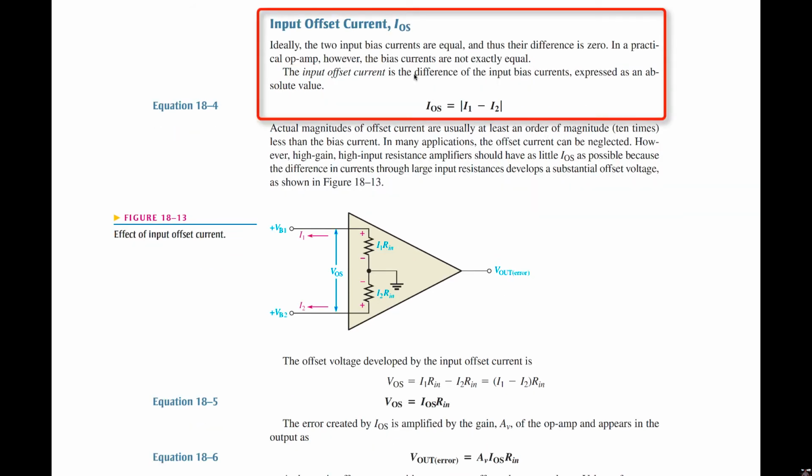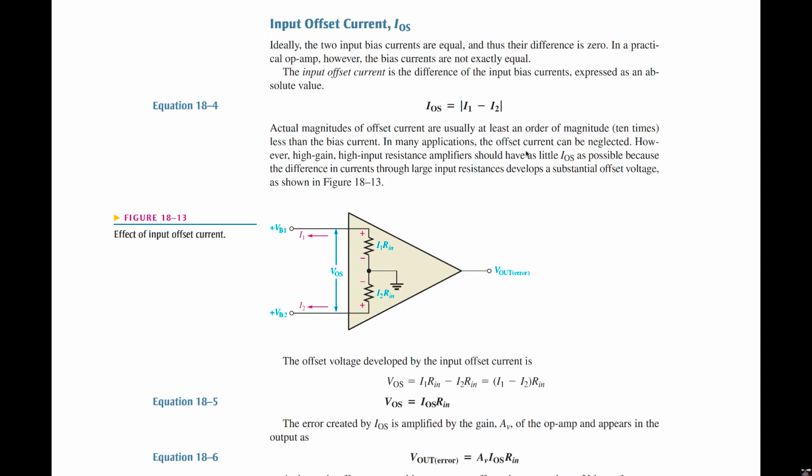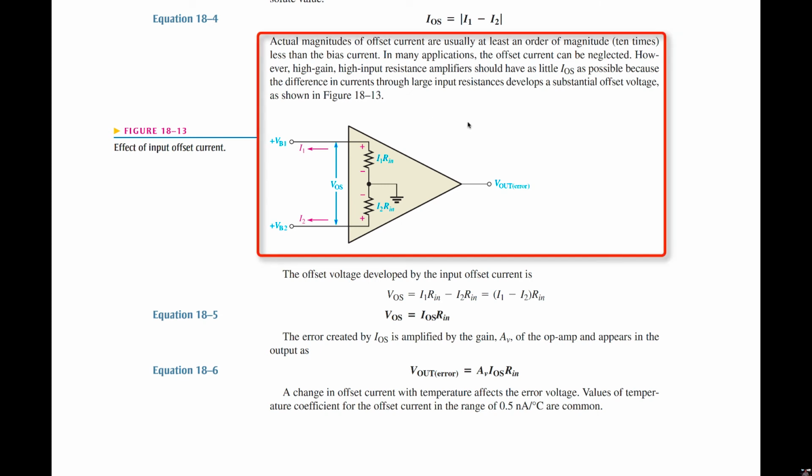Input offset current, IOS. Ideally, the two input bias currents are equal and thus their difference is 0. In a practical op amp, however, the bias currents are not exactly equal. The input offset current is the difference of the input bias currents expressed as an absolute value. Actual magnitudes of offset current are usually at least an order of magnitude, 10 times, less than the bias current.